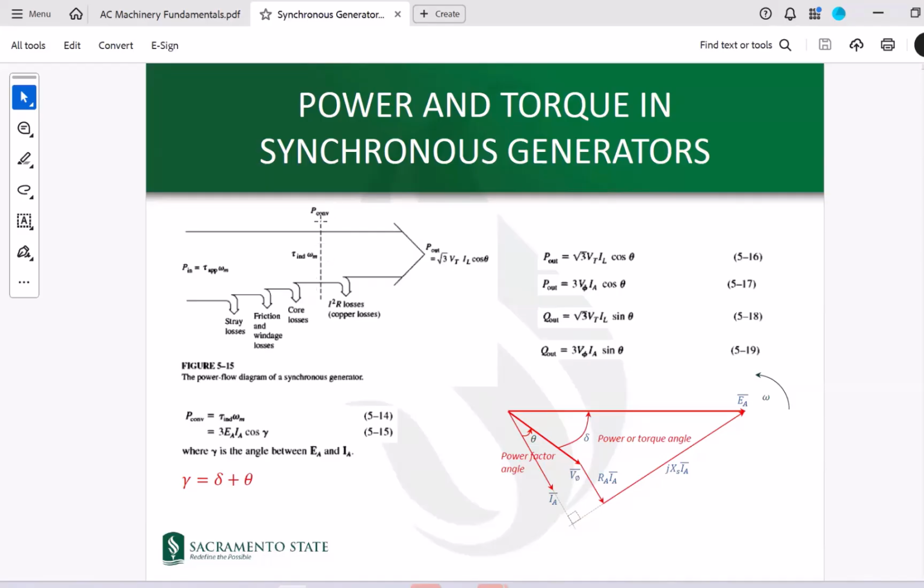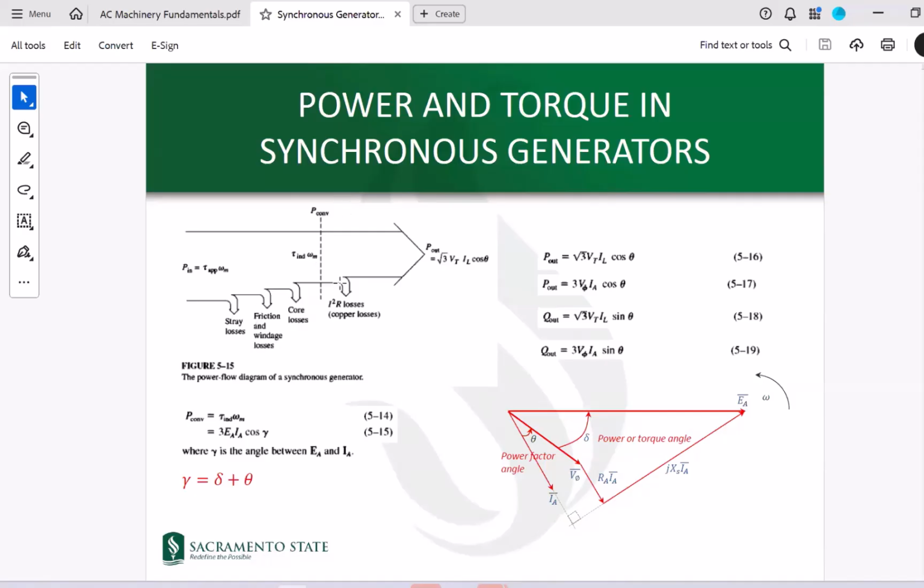So the difference between the converted power and the input power is the difference between the mechanical torque and the electromagnetic torque. So this tau induced is also called electromagnetic torque. That's on the electromagnetic side of the system. This applied torque is also called the mechanical torque, which is on the mechanical side. The difference between the P in and P converted would lie in the difference between these two torques.